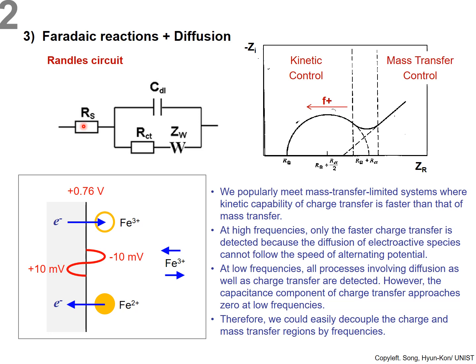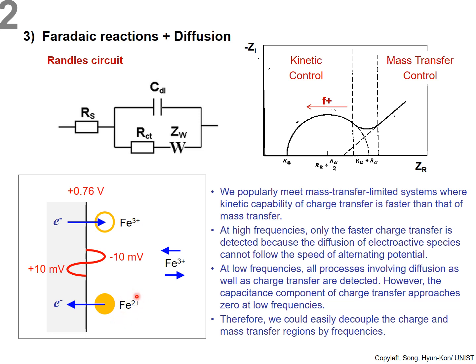Let me think about the situation of alternating potential stimulation onto the electrode. Here is the electrode and here is the electrolyte. We have an electroactive species pair, which is Fe3+ and Fe2+.